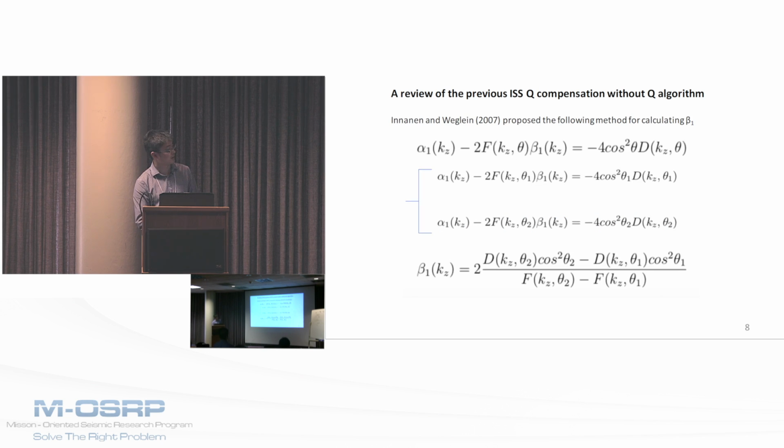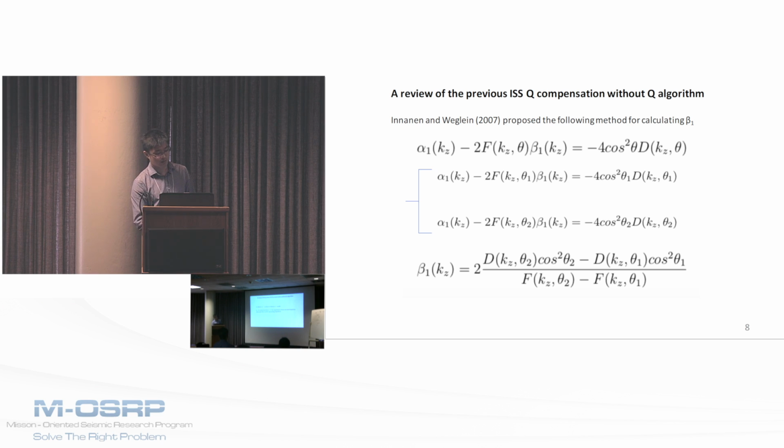So again, this equation is used to calculate beta 1. So we can say the low kz, or zero kz, component of beta 1 is related to the low or zero frequency component of the data at two different incident angles.